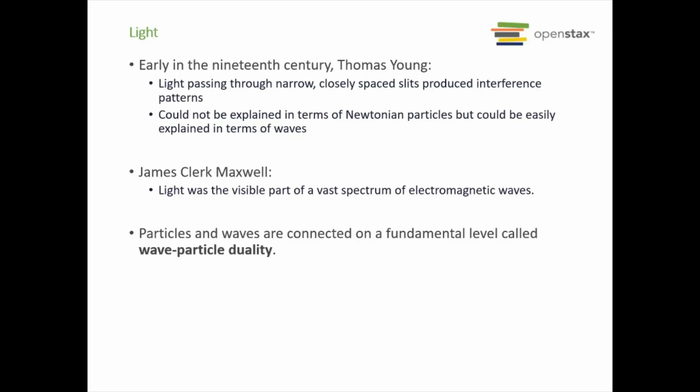And then we come to James Clerk Maxwell, and we have Maxwell's equations, where he came up with the idea that light was the visible part of a vast spectrum of what are called electromagnetic waves, or electromagnetic radiation. And then we have that particles and waves are connected in what we call wave particle duality. So light can act as a wave, but it can also act as a particle depending on what it's doing.